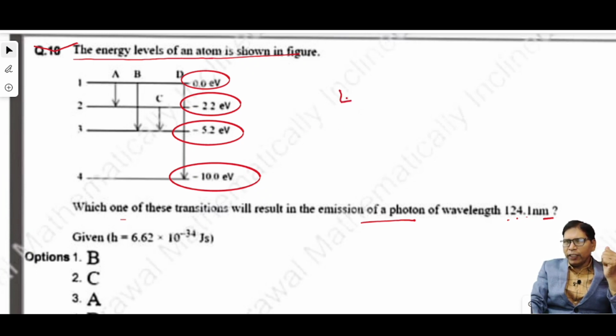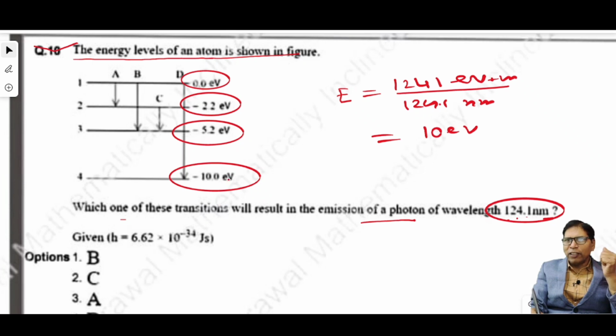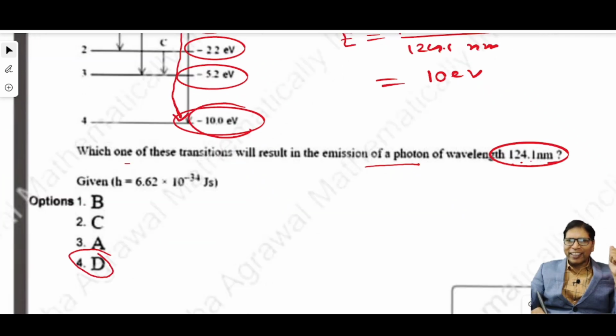You know energy E equals 1241 eV nanometer divided by wavelength, that is 124.1 nanometer. So you can get 10 electron volt. Now which transition gives this 10 electron volt? Look at this. Transition D gives 10 electron volt energy. So look at this, option D is correct.